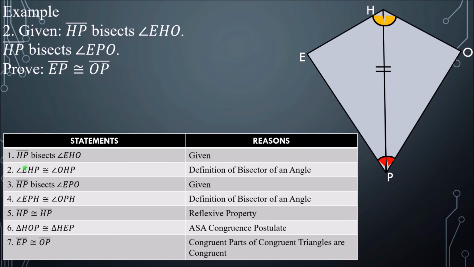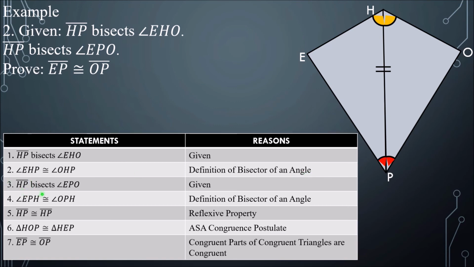First, HP bisects EHO, and that is given. Because of that, angle EHP, this angle here, is congruent to angle OHP. So this angle is congruent to this angle, and the reason is definition of bisector of an angle.